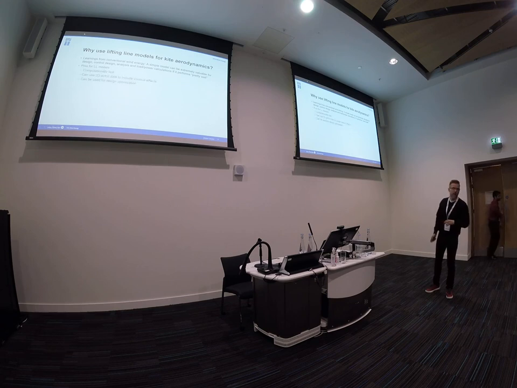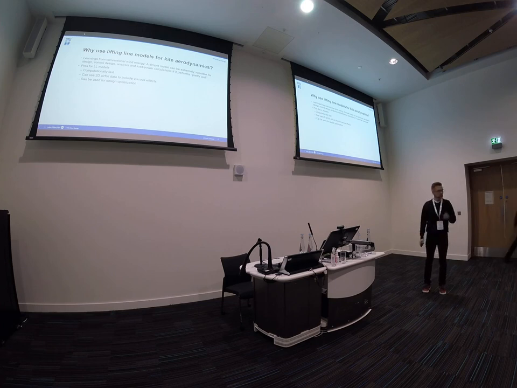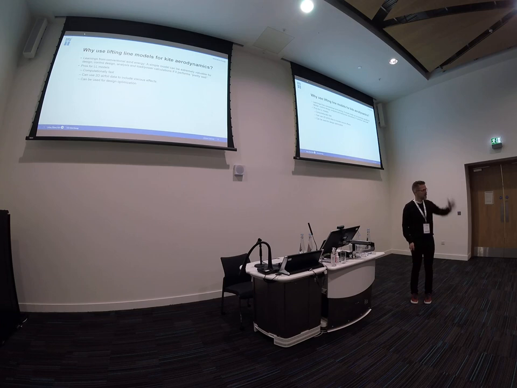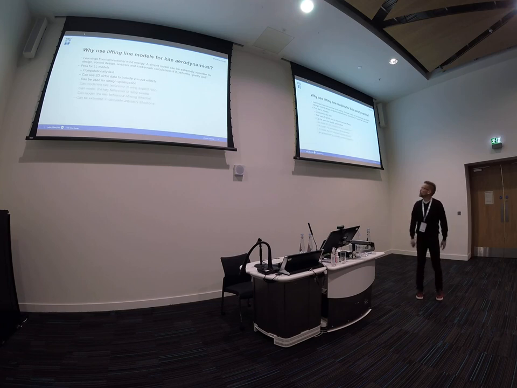The pros for this kind of model is that it's very fast, potentially. You can use 2D data as input. It's based on potential flow, but lift doesn't need to go up, so you can use it for optimization.